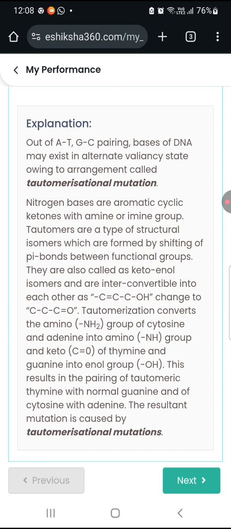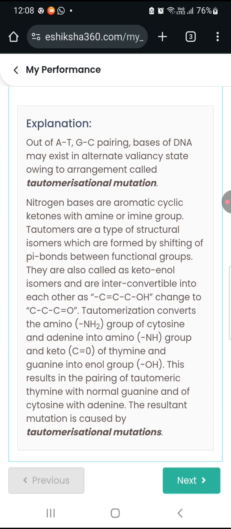Explanation: out of the GC pairing, bases of DNA may exist in an alternate valency state owing to rearrangement called tautomerization mutation. Nitrogen bases are aromatic cyclic ketones with amine or imine group.